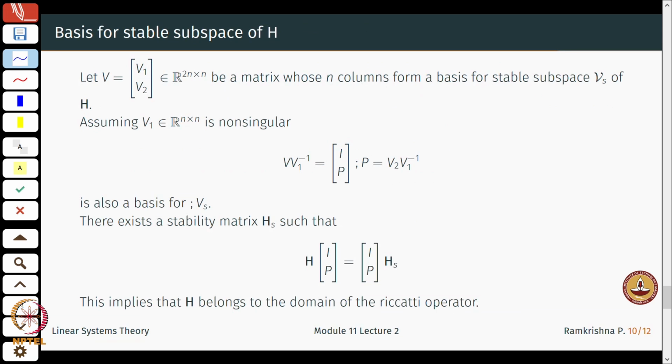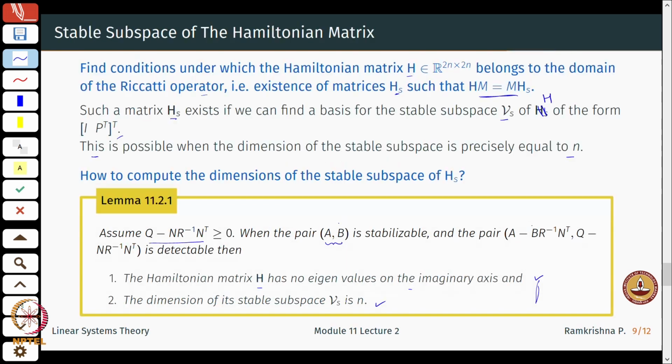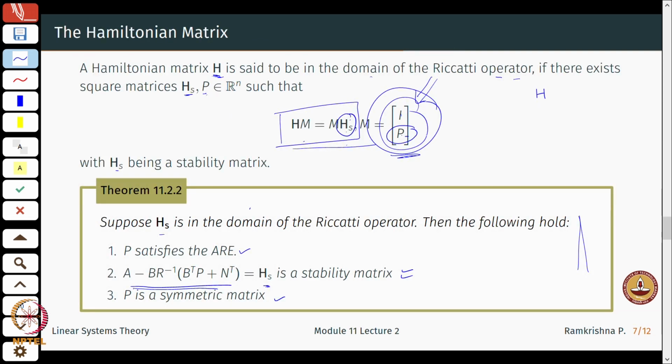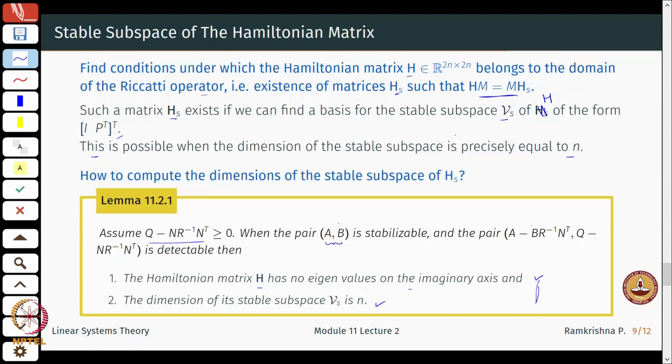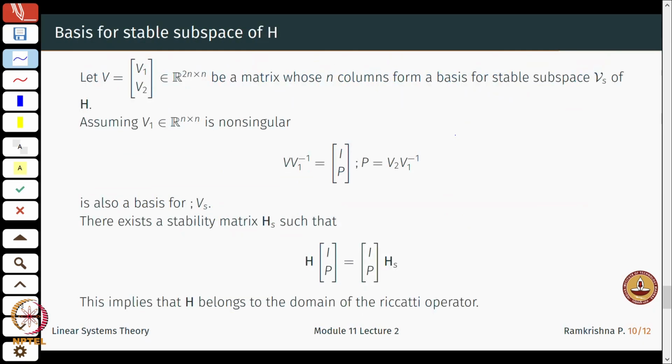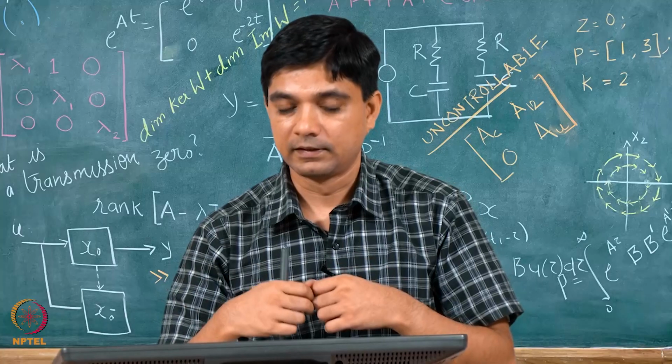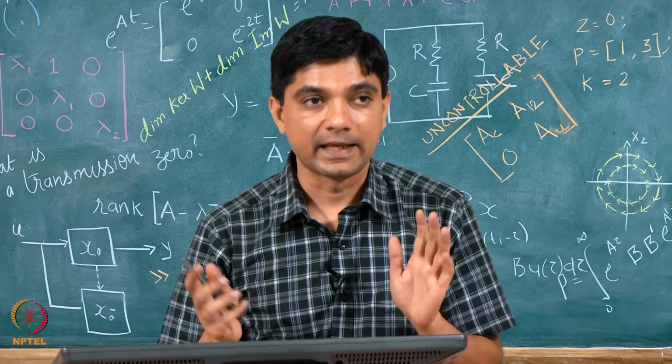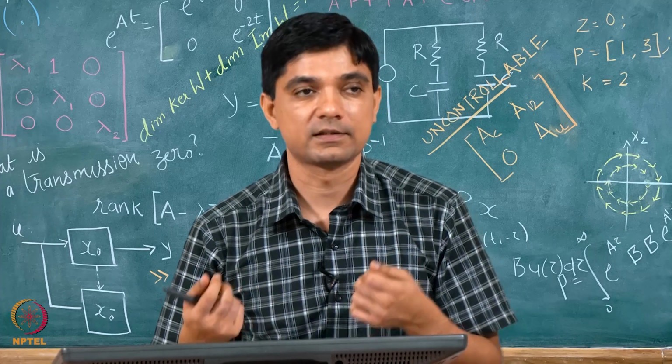Right. Okay. Now, how do I find the basis for the stable subspace of H? My eventual idea is to find how this P looks like. I know that the dimension of Vs, the stable subspace of H, is n.